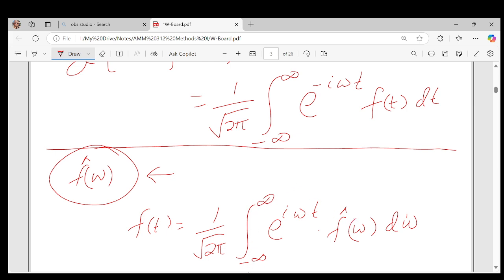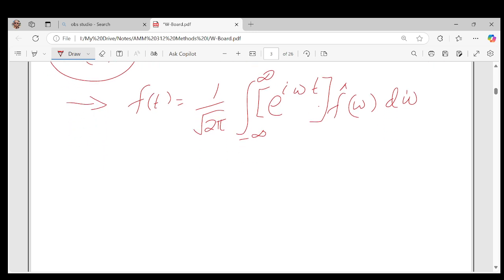Notice that the kernel of the transformation, e raised to power i omega t, has no negative here, as we had before. So that's the difference. Then we have the function f of t. Here we have its transform. Then we are integrating with respect to omega. So this formula here, we call the Fourier inversion formula.